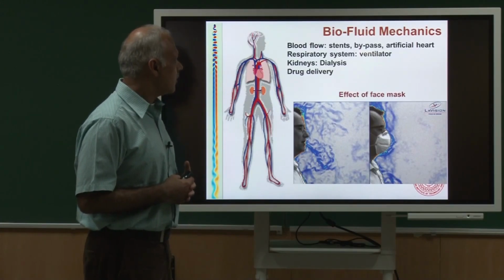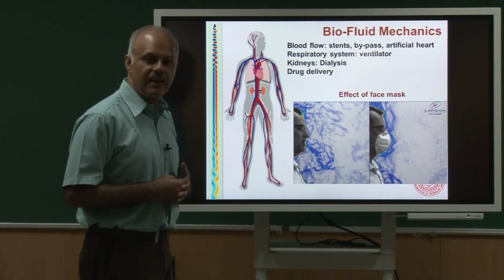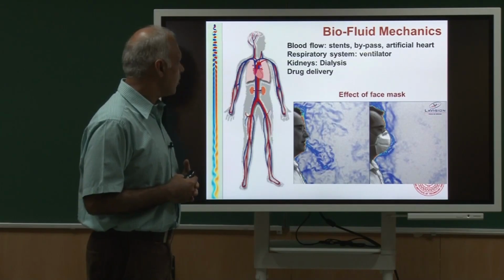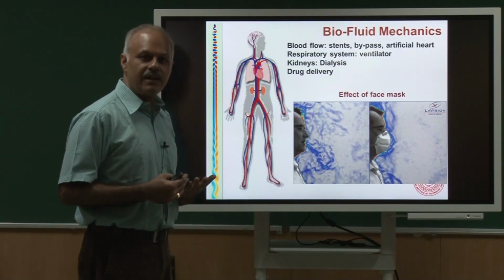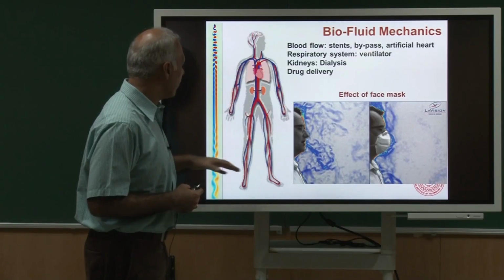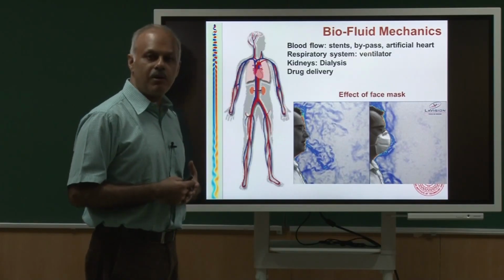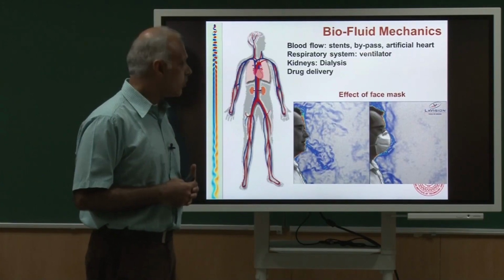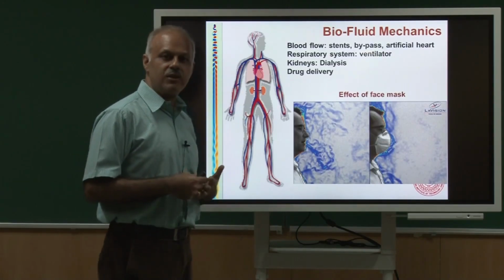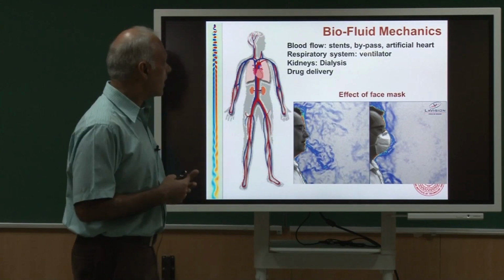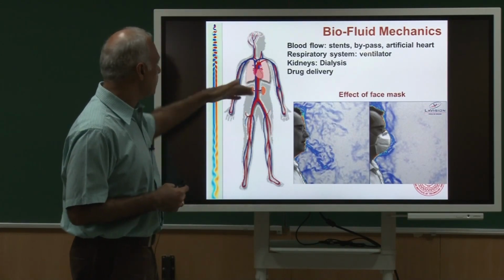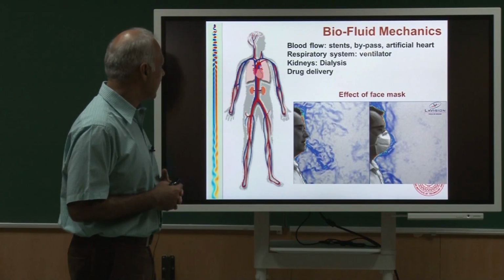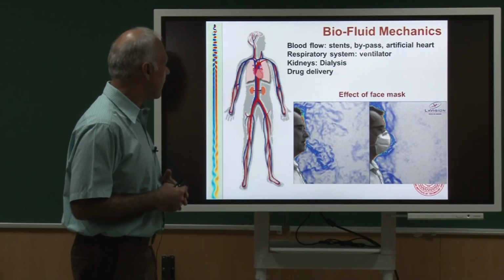If you want to have a healthy lifestyle, you would like to know how much exercise is required to actually have a blood flow that does not lead to buildup of some kind of plaque or some blockages in your arteries. So, you can do simulations, you can do modeling to find out how the heart works, and how it pumps efficiently the blood in your body and brings it back.